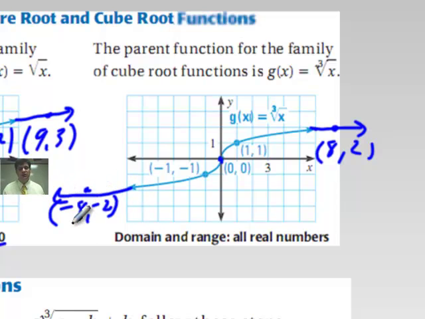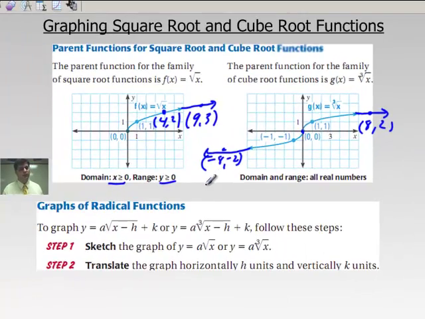So knowing these key points to plot and label is going to really help us graph these functions. And to review the general form of both of these, for the square root, we have y equals a times the square root of (x minus h), plus k, where h is the horizontal shift and k is our vertical shift.